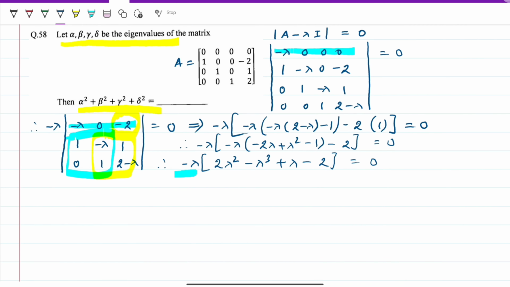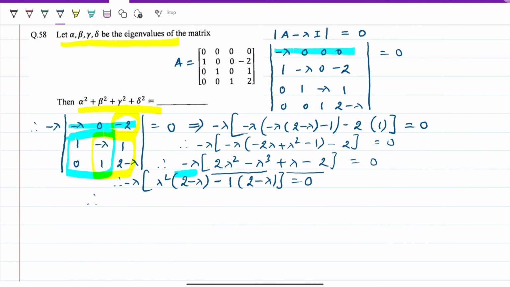Now inside the bracket in the first 2 terms I can take lambda square common and here I don't have any common factor, so 1 could be a common factor. So we have negative lambda times lambda square 2 minus lambda and we need a 2 minus lambda, so I will factor out negative 1. So we have got 2 minus lambda here as well is equal to 0.